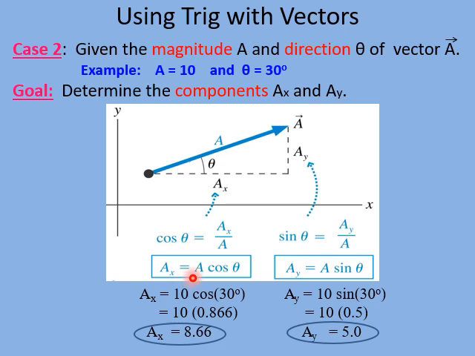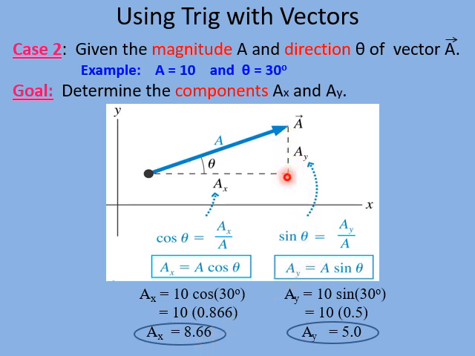So a sub x is equal to a, the hypotenuse, times the cosine of theta. The length of a is 10, that was given, and theta was given as 30 degrees. So cosine of 30 degrees is 0.866. We multiply that by 10, and we get the x component of this vector is 8.66.